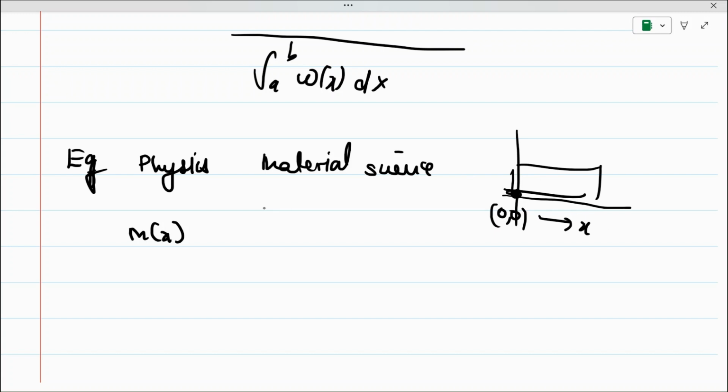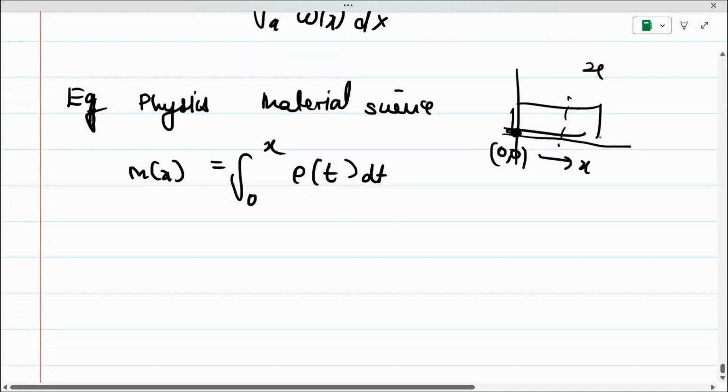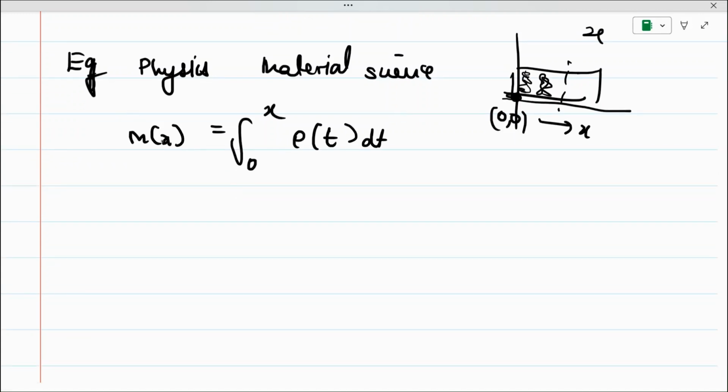The mass of a rod from 0 to some x, where rho is the mass density, and this is a non-uniform rod, meaning the density keeps varying. Sometimes it can be more dense or less dense, and so forth.